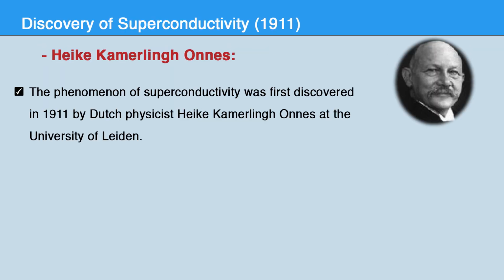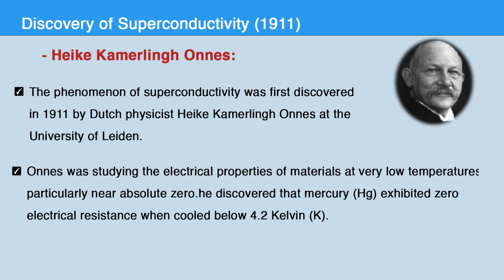Let us explore the history of superconducting materials. The phenomenon of superconductivity was first discovered in 1911 by Dutch physicist Heike Onnes at the University of Leiden. Onnes was studying the electrical properties of materials at very low temperatures.